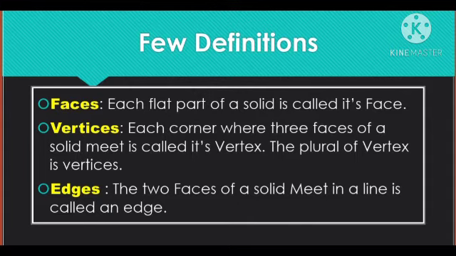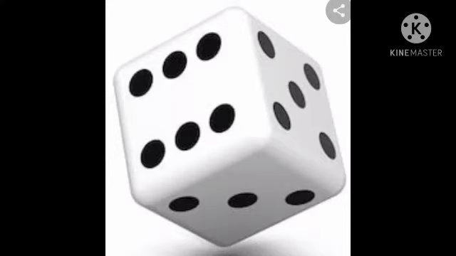Have you all seen a cube or a cuboid? Before going to these definitions, we will be discussing a few examples. You must have played board games. For playing, we use dice. सबने हमारे board games में dice देखा है.